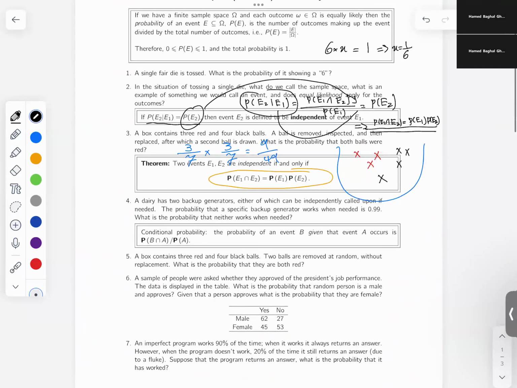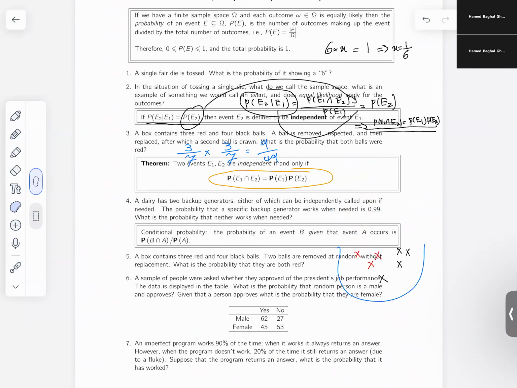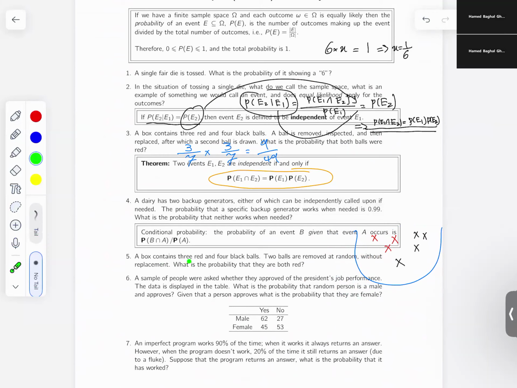All right, so question 5. A box contains 3 red and 4 black. Okay, so it's the same as here. So 3 red, 4 black. Yeah, it's here. Removed at random. So one of them is removed. What's the probability of both threads?